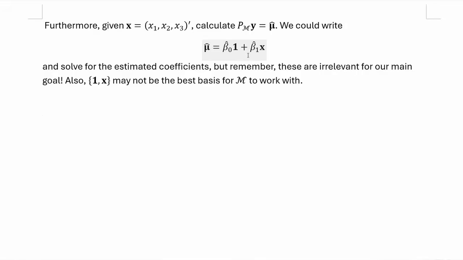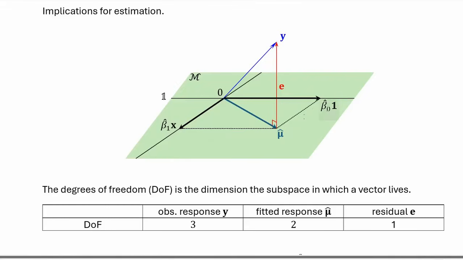Namely, we wanted the perpendicular length squared. We at this moment do not care about the estimated coefficients. And also, 1 and x may not be the best basis for M to work with. We like to work in an orthonormal basis when we calculate projections. The relationship between 1 and x can be arbitrary. There's no a priori reason that 1 and x would be orthogonal.